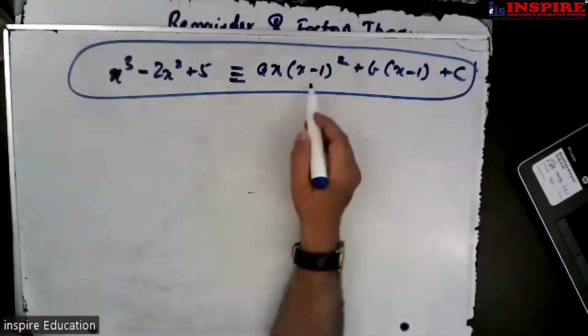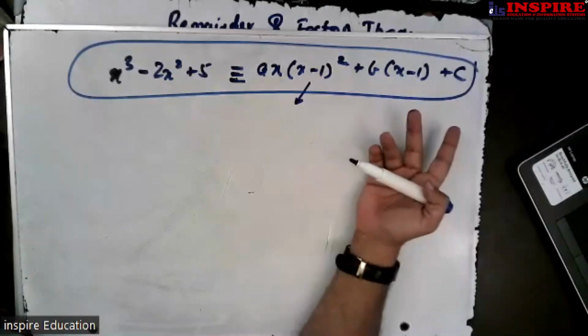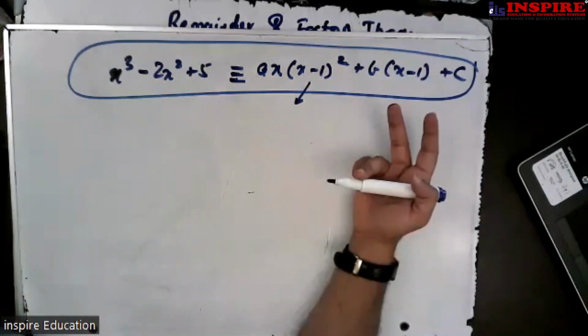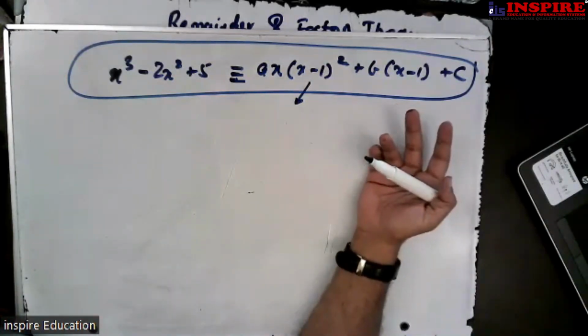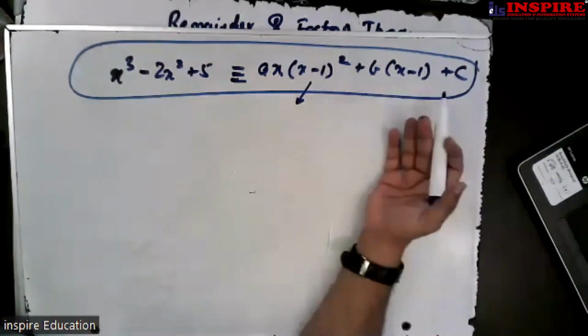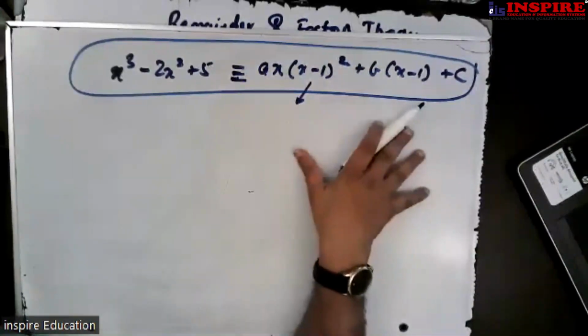If I take x to be, remember x is a variable. Are my students online? You need to respond. Is x a variable? Yes. X is a value. I can plug in any value inside, on the left side and the right side, and I can equate things.